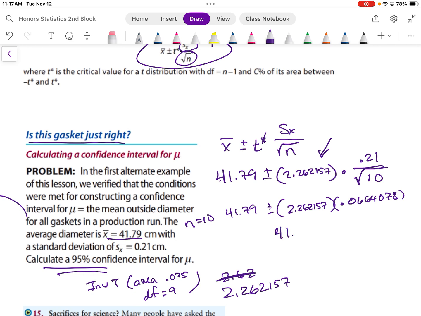So it's 41.79 plus or minus 0.15022249. So I'm going to add 41.79 to that, and that gives me that my upper bound is 41.9402. And then I'm going to do 41.79 minus that other decimal, and that tells me my lower bound is 41.6398.